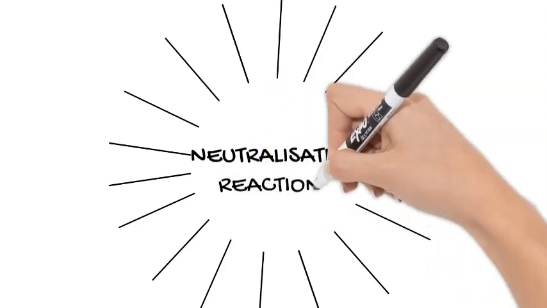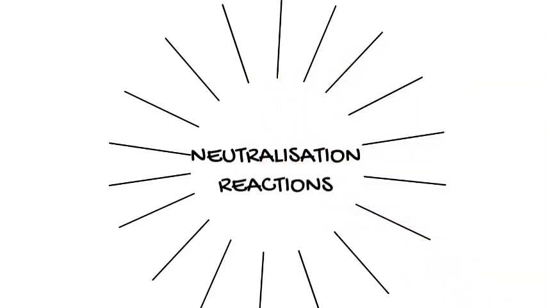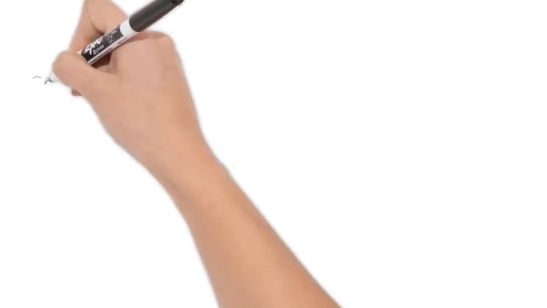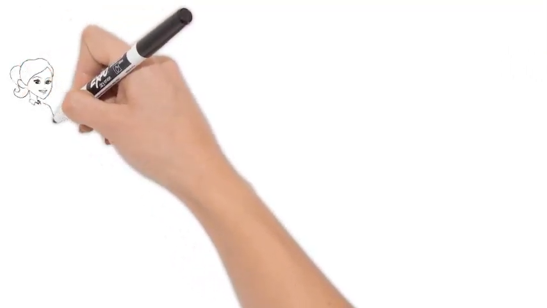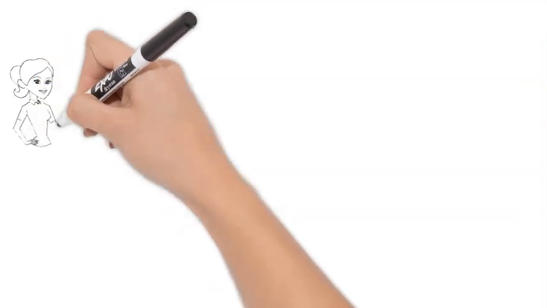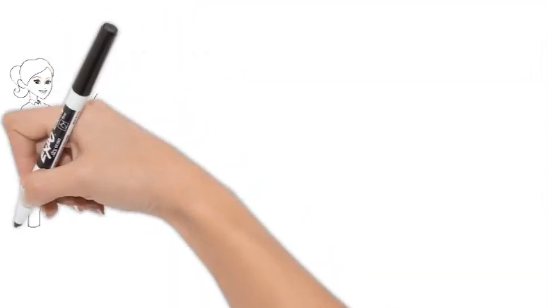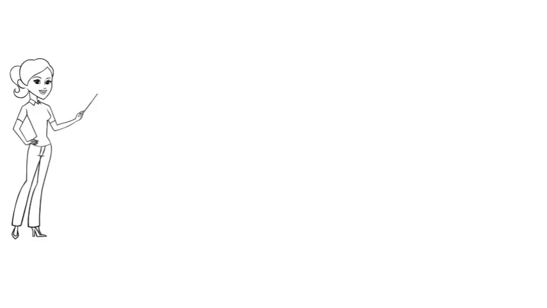Now it's time to focus on the 3 neutralization reactions you need to learn off by heart. A general equation is an equation that you could use to substitute in specific chemicals to get the correct pattern.